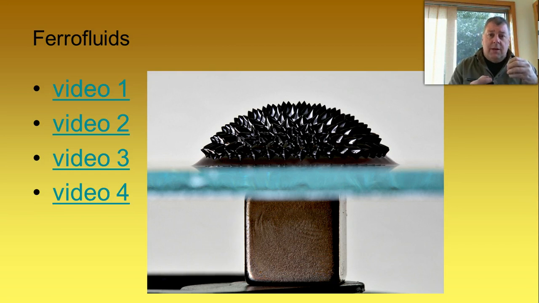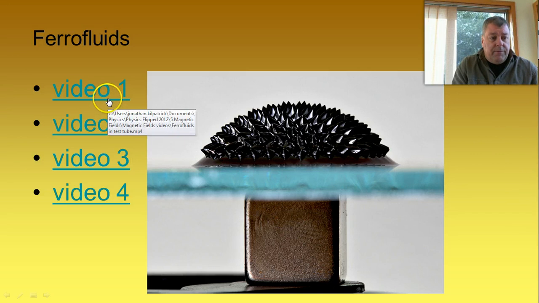Because they act like little magnets, when you put this liquid with a magnet, the fluid flows along the field lines, and forms these shapes that relate to the magnetic field lines. And there's a whole lot of videos here.